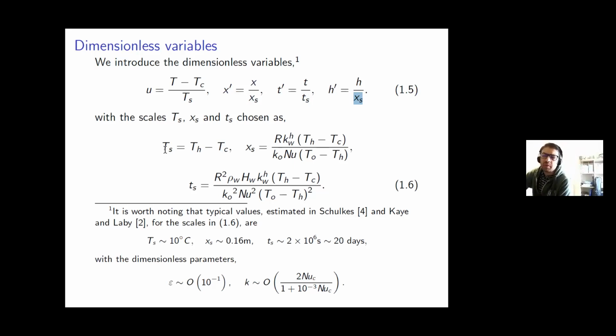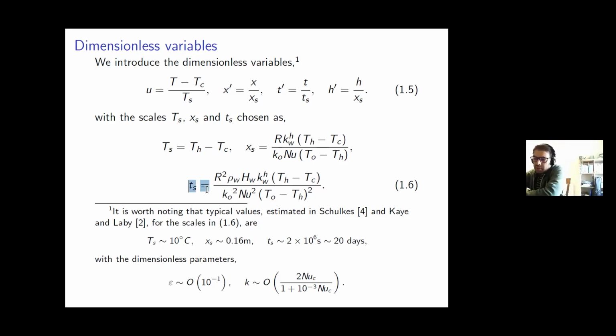Now it's important here, we take our scaling for our temperature TS to be dependent on the difference between the temperature at which wax solidifies and the temperature of the coolant jacket. That's probably the main thing.